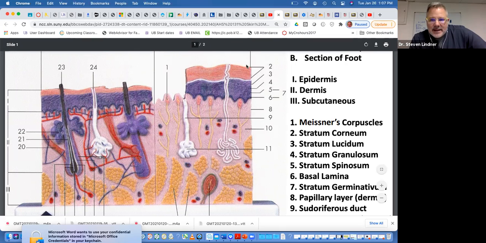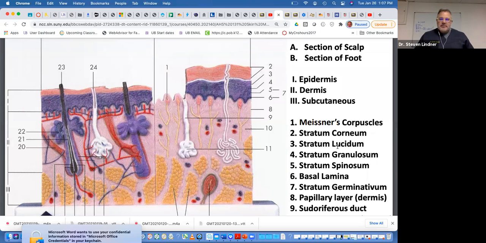It is dead cells. The lucid means clear. Not all types of skin have the stratum lucidum, but thicker skin does. The skin of your palm and the skin of your foot, right? Where you have thicker skin that comes into contact with areas that could be abrasive or irritated.